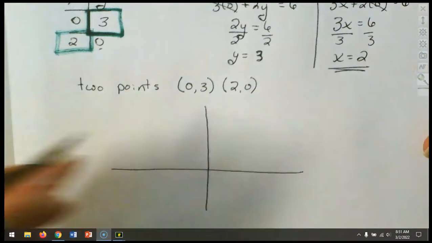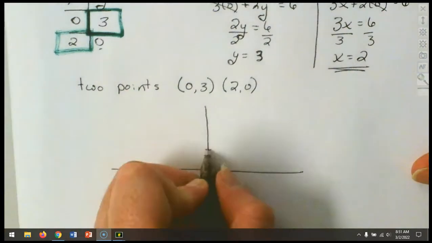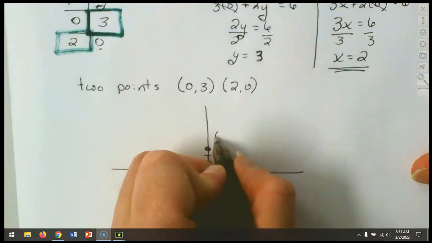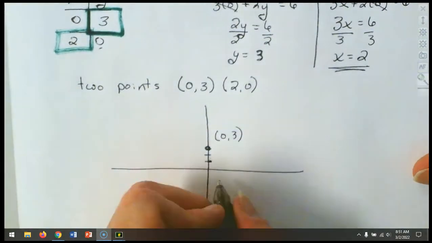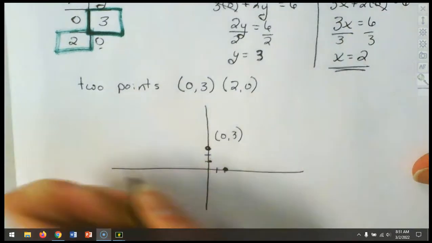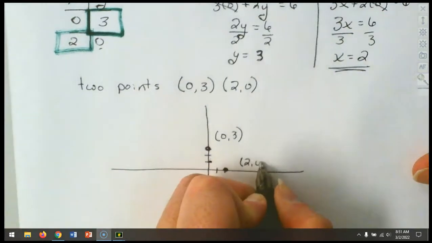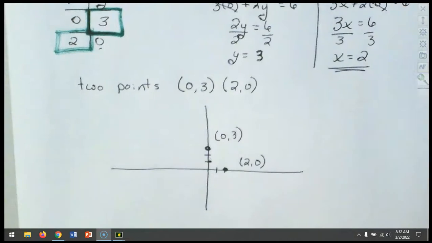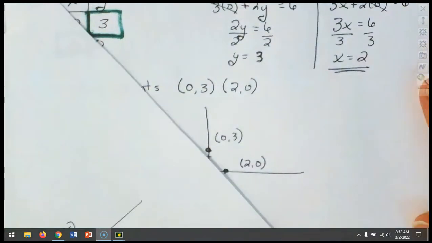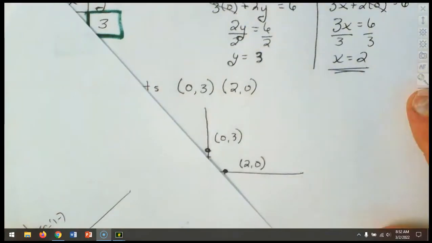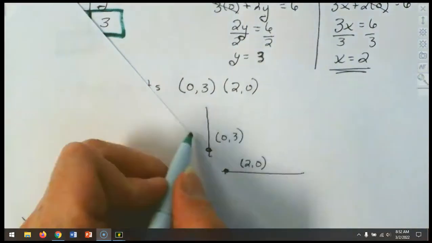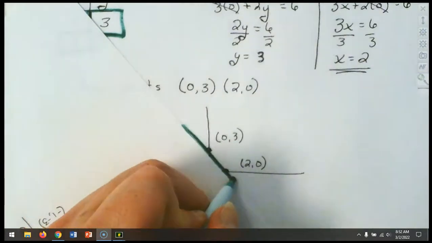So that's up 3 units. And our other one is over 2. Now we can connect these together, and we're going to label them as to which one is which intercept in a second.